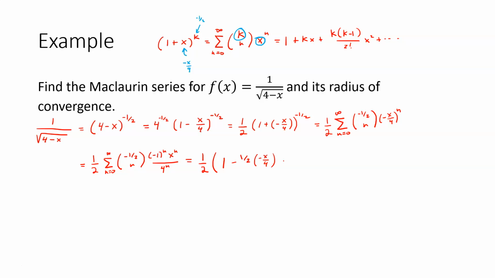And then the next one will be negative 1/2 times negative 1/2 minus 1, over 2 factorial, and then we'll have negative x over 4 squared.